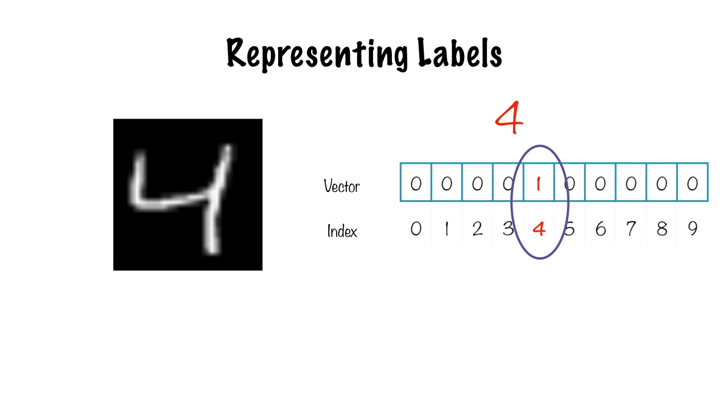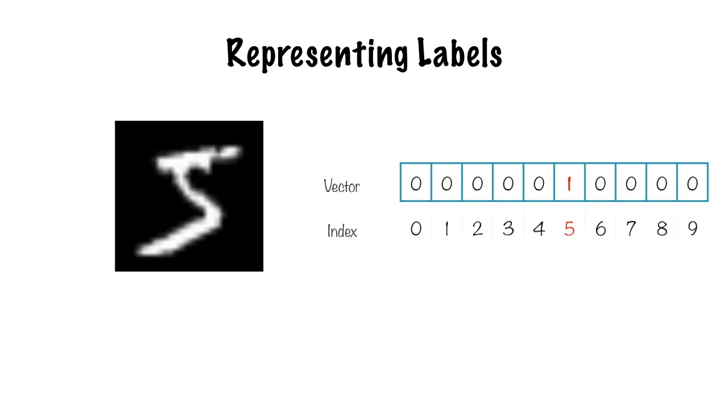So the index of the one element which is equal to 1, that's the hot element, corresponds to the label of our image. In exactly the same manner, an image representing the digit 5 would also be encoded using a 10 element vector, but in this vector, it's only the fifth element, that is the element with index equal to 5, which is going to be equal to 1. This is the one hot notation which is used for representing images.